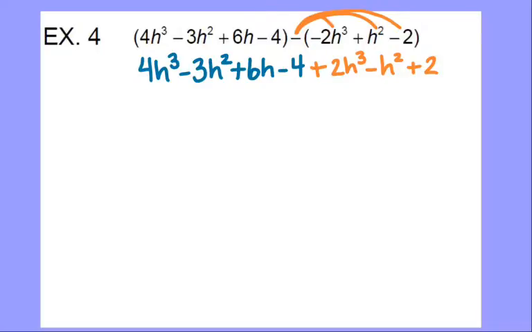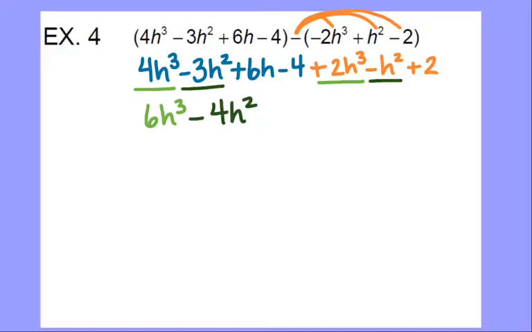So now I'm going to go through and collect my like terms. I'm going to start with the highest exponent. So I'm going to start with the h to the third power. So I have a 4h to the third power plus 2h to the third power. So together that is 6h to the third. Then I have h squared, so negative 3h squared minus 1h squared will be minus 4h squared.